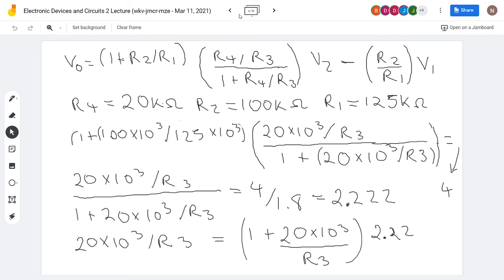Sir, does it matter if you get a negative resistance? My value wasn't as similar to this one because I didn't finish the question.